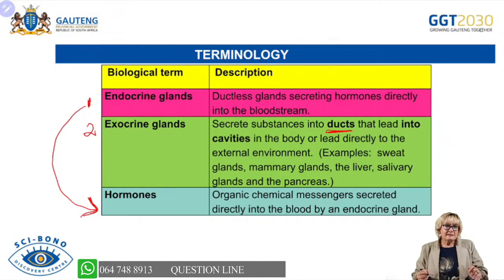Because the pancreas is secreting hormones, insulin and glucagon, that you have studied, it acts as an endocrine gland. But when the pancreas is secreting pancreatic juices, which go into a duct and to your digestive system, then it acts as an exocrine gland.